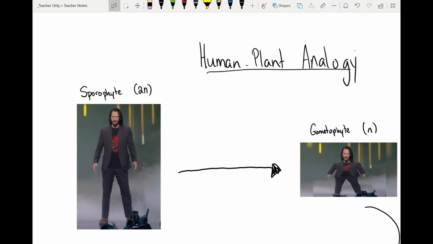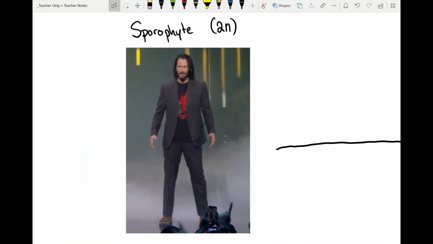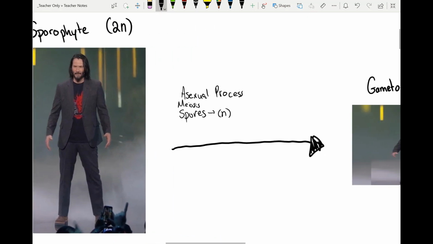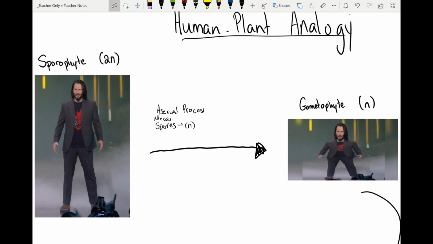So if we imagine humans acted like plants, we start with a sporophyte, 2N, then through an asexual process, this 2N Keanu makes some spores that only have half of his genetic material, so they only have 1 set of chromosomes, which then grow into the gametophyte, which I will use little Keanu to help us out here.